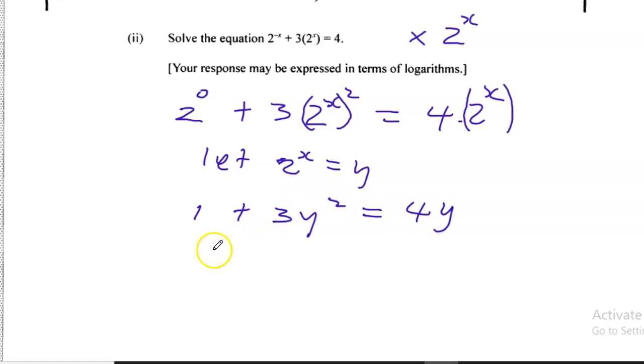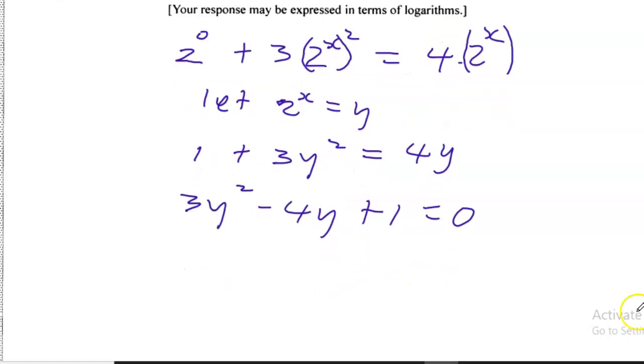So we have a quadratic. Let's group everything on one side. So we have 3y squared minus 4y plus 1 is equal to 0. And of course we can factorize. Alright, to factorize this, of course, is 3y. And 3y times y gives y squared, right? And the final term there is positive 1, which we get by multiplying.